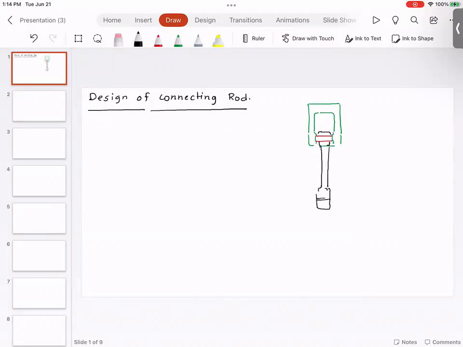So connecting rod, if you look at the side view of the connecting rod, this is how the connecting rod looks like.